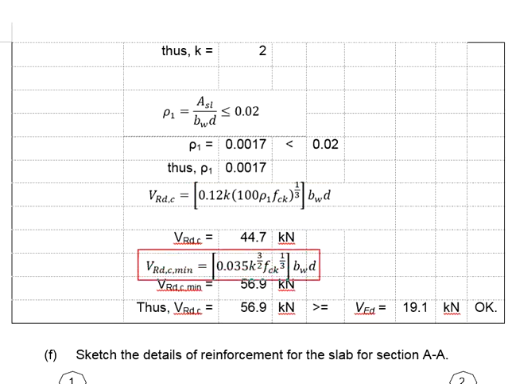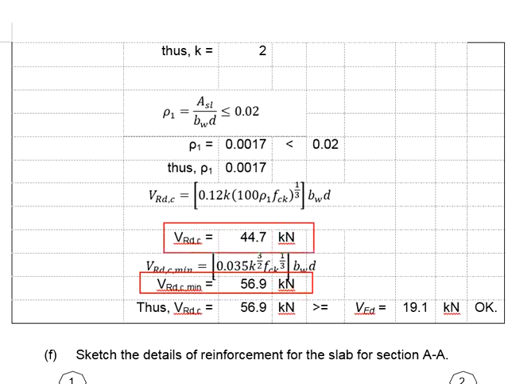Next, you find the VRDC minimum, which represents the shear resistance of the concrete alone. Substitute into the equation, 56.9 kN is obtained. Now the shear resistance will be governed by the greater value of the two. Since VRDC minimum is greater than VRDC, your shear resistance of the slab will be 56.9 kN.